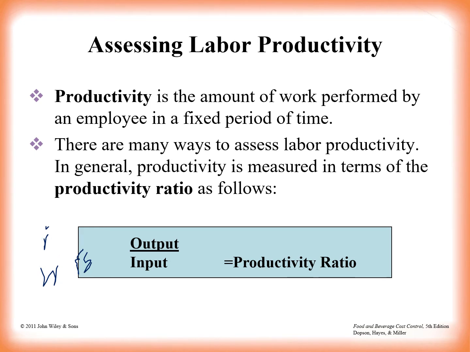On the other hand, if I'm talking about a bartender, maybe it's the number of beers that can be served in a shift. So then it becomes beers divided by shifts, and that'll give me the productivity: how many beers in a shift the bartender can serve.